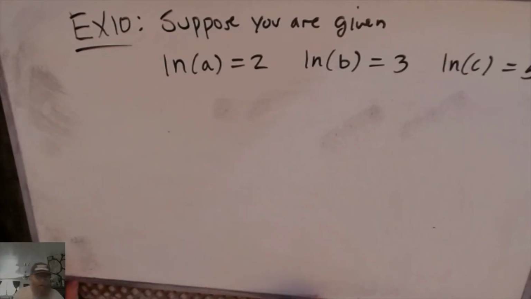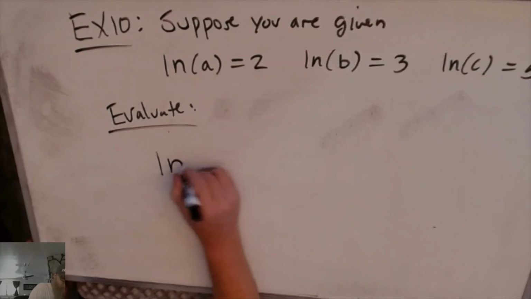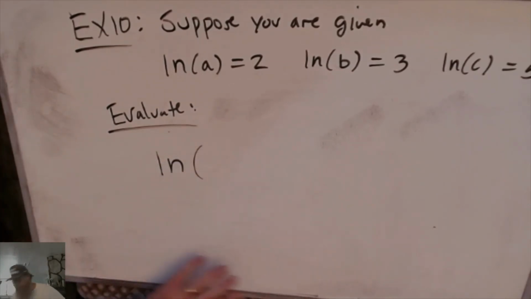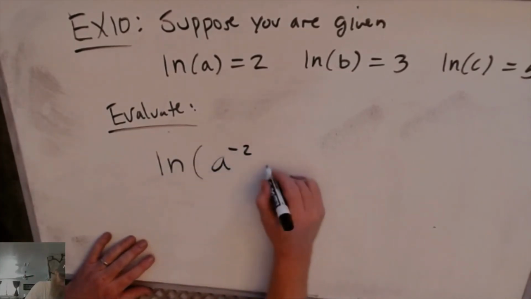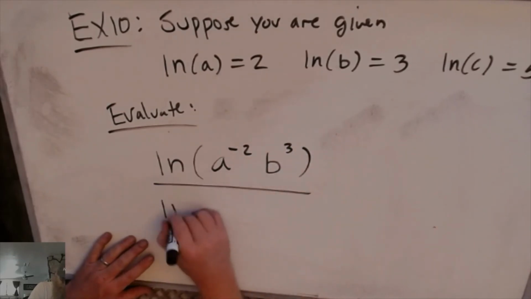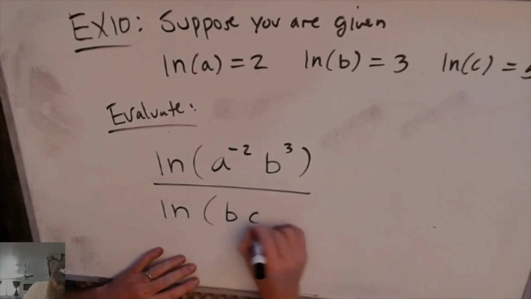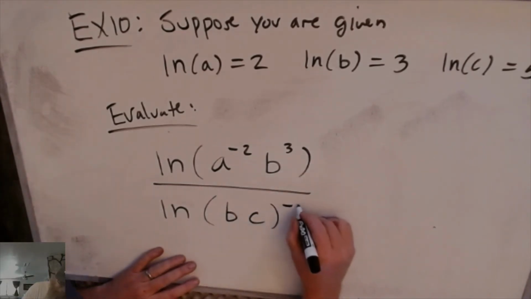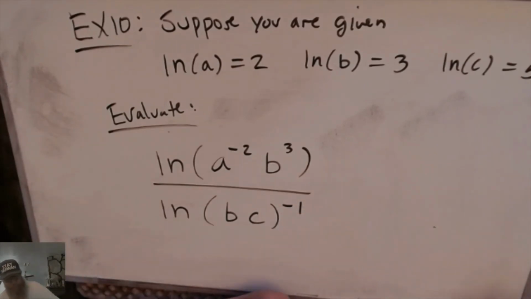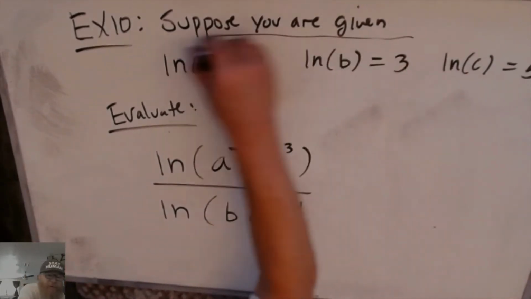What would the value be, without a calculator, of the following quotient? What would this result be if you know these three values?